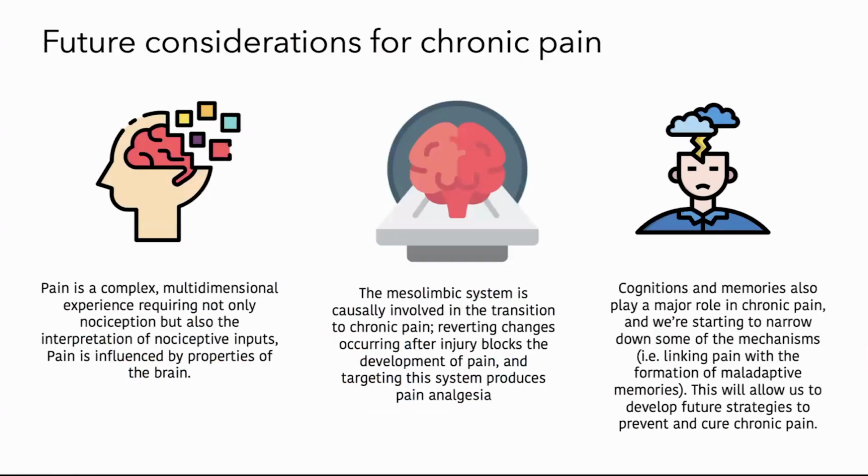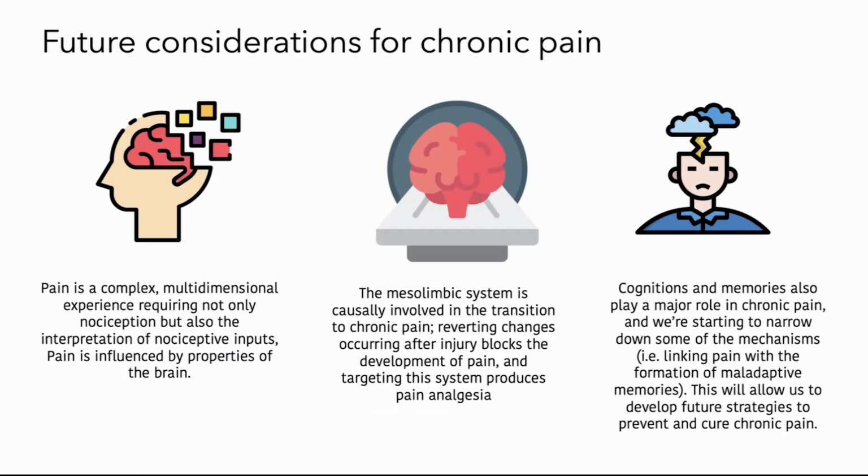I want to very quickly conclude by saying that pain, like we discussed, is a very complex, multidimensional experience. It requires not only nociception, but also an active interpretation by the brain of these nociceptive inputs. So pain is obviously influenced by properties of the brain, and is in fact generated by the brain itself.